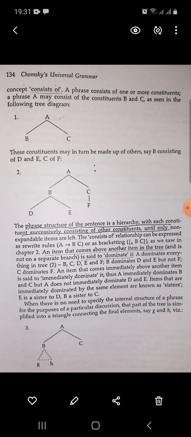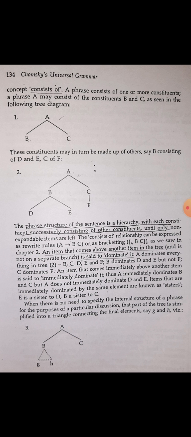Just like we got alphabets, and then alphabets join to make morphemes, and morphemes join to make words, and words join to make sentences, and sentences join to make paragraphs, like that. In the same way, the sentences are also a hierarchy.